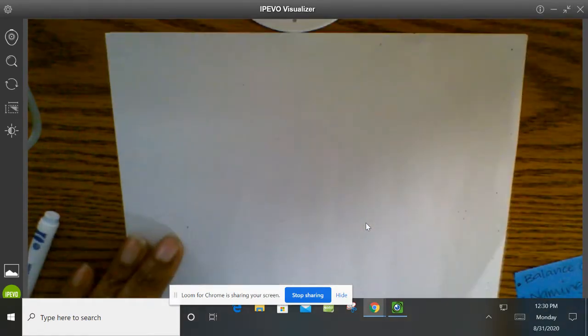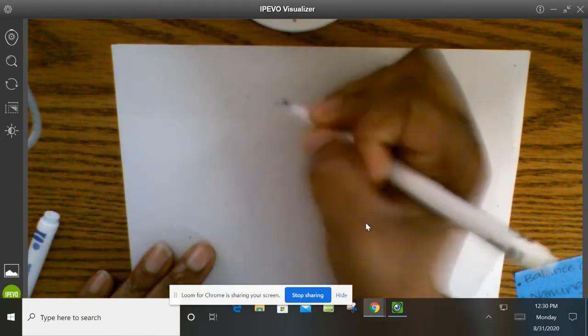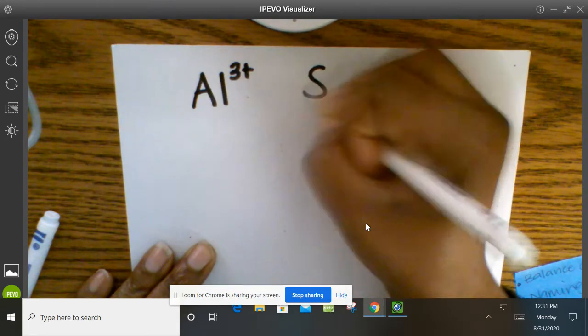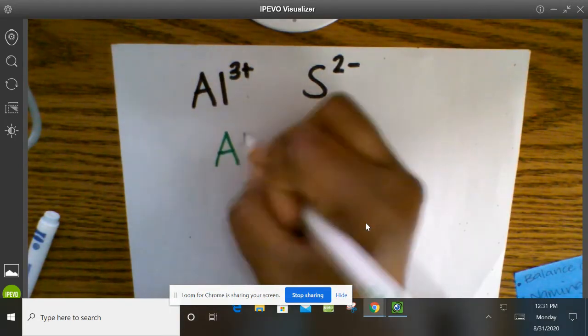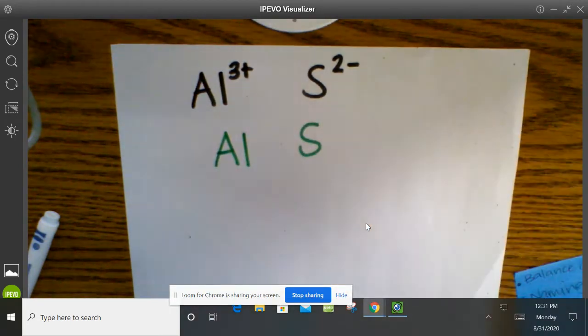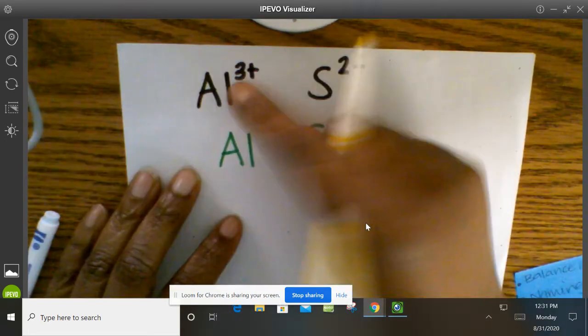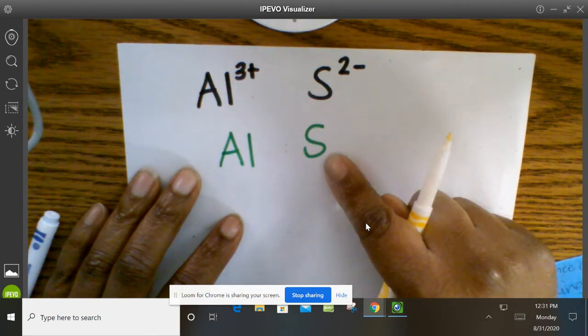The other way is called the crisscross method. So I'm going to use aluminum sulfide again. So Al 3 plus, S 2 negative. I'm going to rewrite my symbols, Al and S. What the crisscross method is telling me is that I can take the numbers from my oxidation numbers, and they're going to cross over and become subscripts for the other elements.